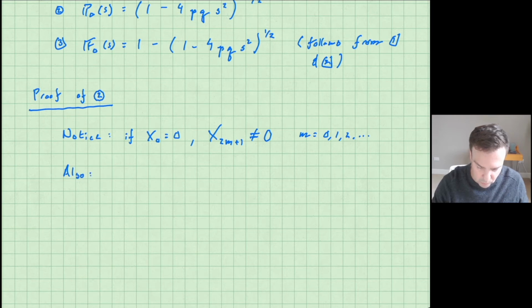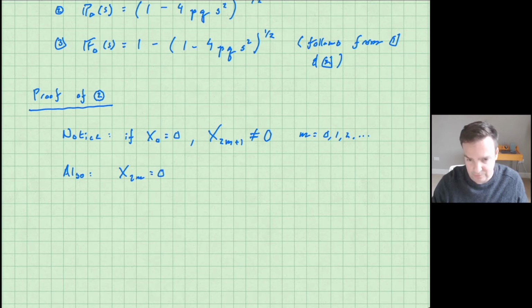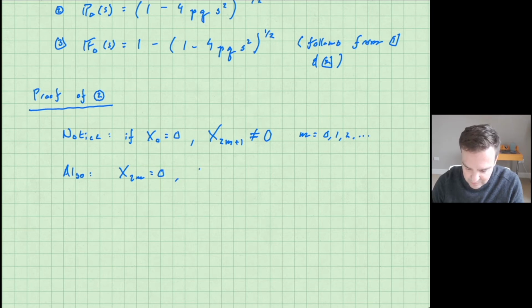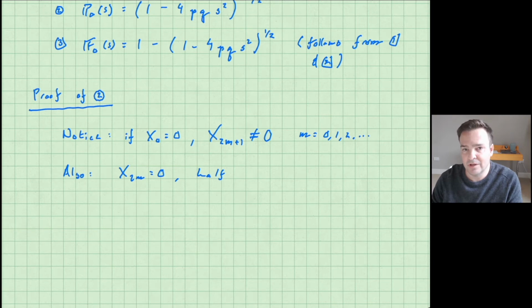Also, another cool trick is that suppose you've got an even numbered index, and suppose it's landed back at 0. So suppose you have x sub 2m equaling 0. So you've come to state 0 again after 2m steps. Then it has to be the case that half of the steps were positive and half of the steps were negative.